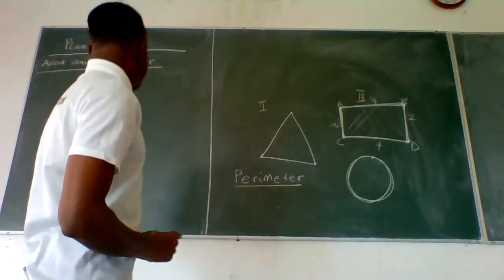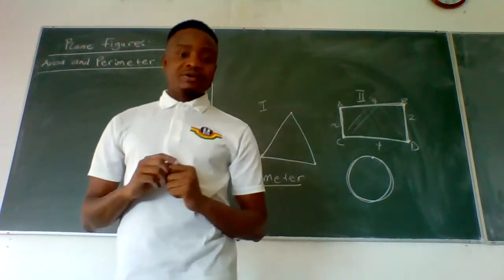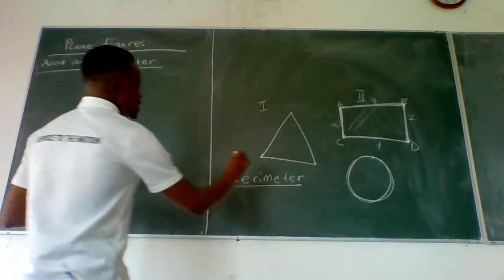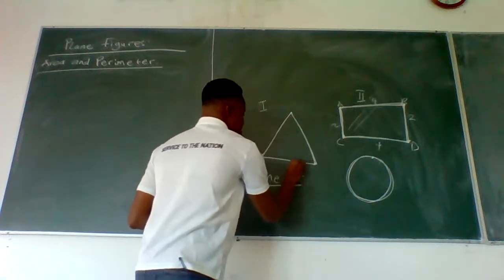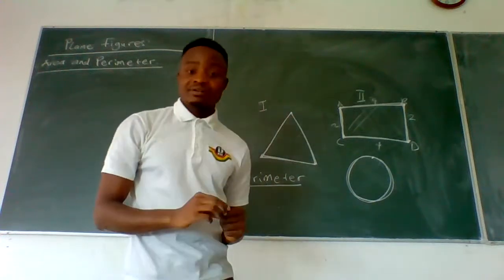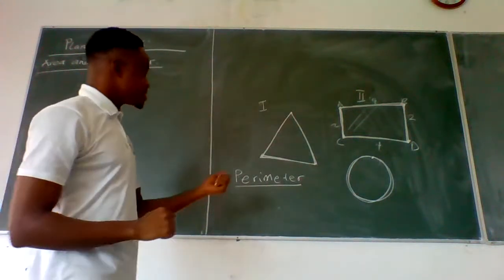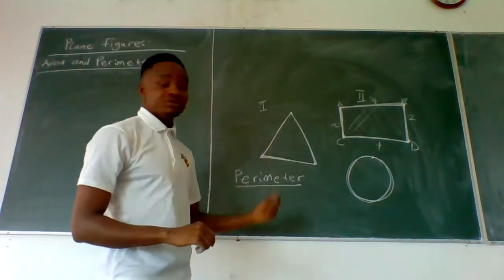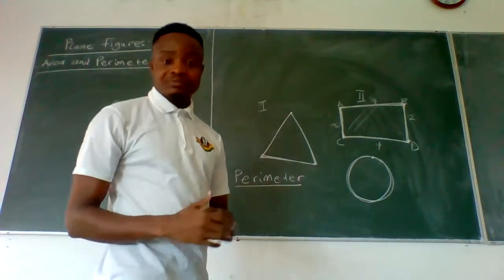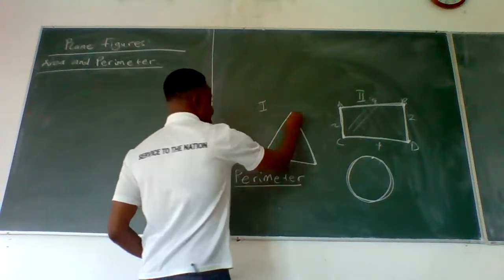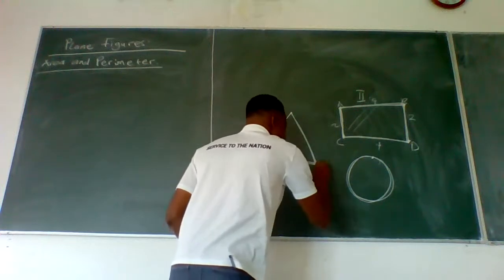But before then, we have to look at some properties of these plane figures. First of all, I'll just pick this triangle. We are just going to look at the general property of what a triangle is, so that when you have a triangle, you know what to do. A triangle is just a three-sided plane figure. We have this side, and this side.